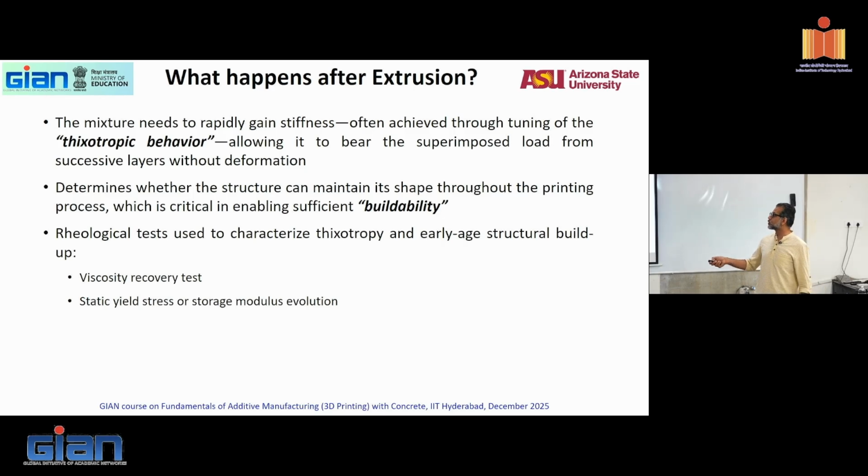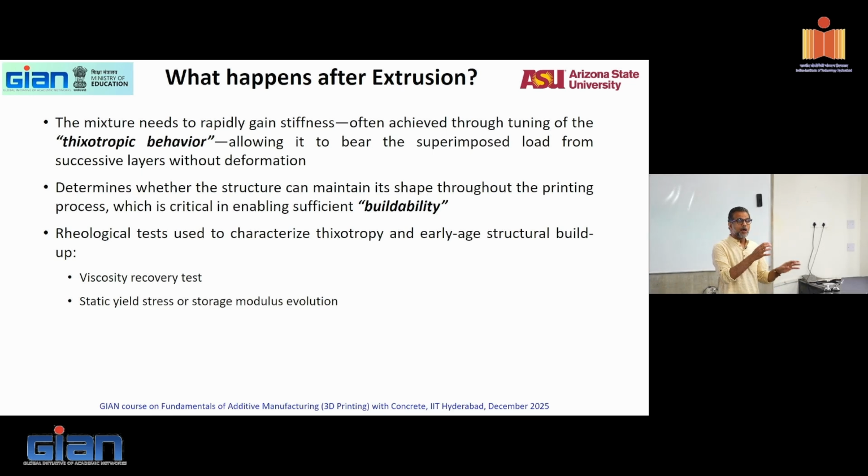You can use two different tests to characterize thixotropy. One is the viscosity recovery test. The other is static yield stress or storage modulus evolution with time. So remember, again, I'm going back to what we said earlier. We have a bunch of tests that we talked about yesterday. They are all material characterization tests. You never bothered about what the printer is, what the nozzle is, all of that, right?